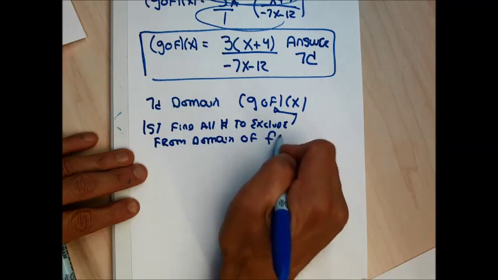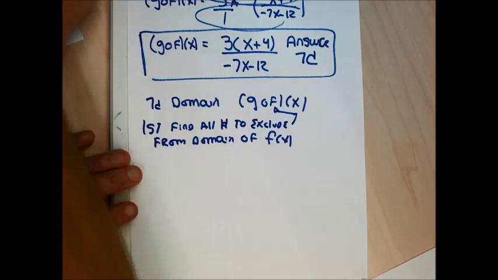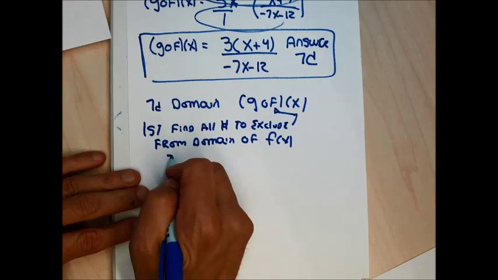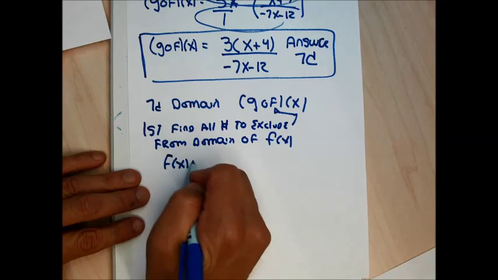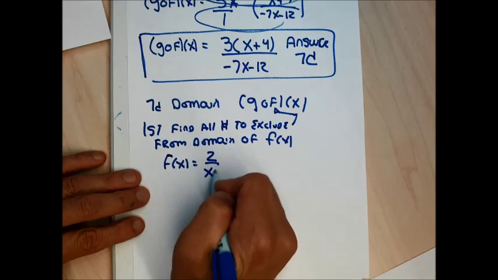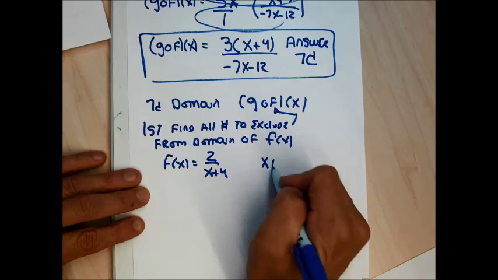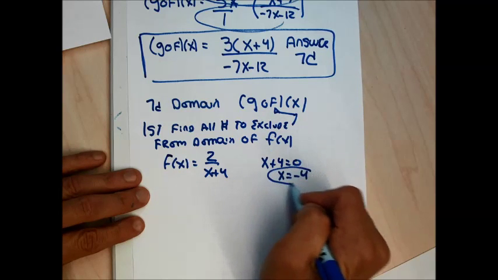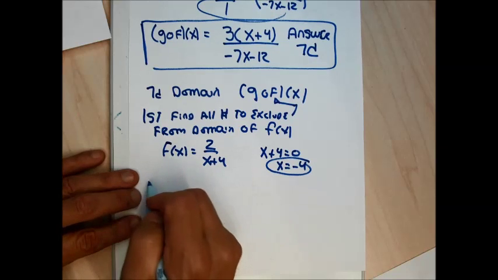The function that's written second is f of x, and in our problem 7, f of x is 2 over x plus 4. To get the number to exclude from the domain, I take the denominator of that function and set it equal to 0, and I get x equal to negative 4 to exclude from the domain.